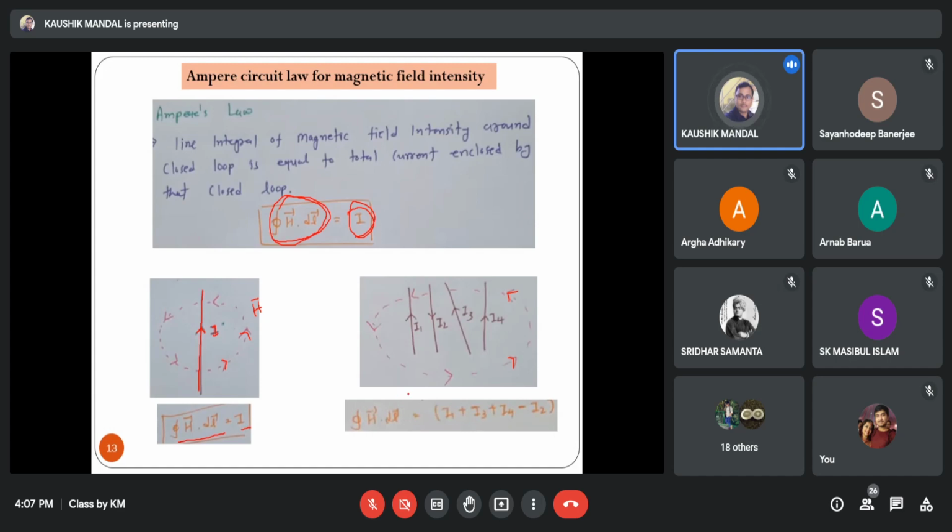So the line integral of the magnetic field intensity, that is H dot dl, will be equal to I1 plus I3 plus I4 minus I2, because I2 is in the opposite direction in comparison to I1, I3 and I4. So in that way, by applying Ampere's circuit law, we can find out the line integral of the magnetic field intensity, and it will be equal to the total current enclosed by the closed loop.